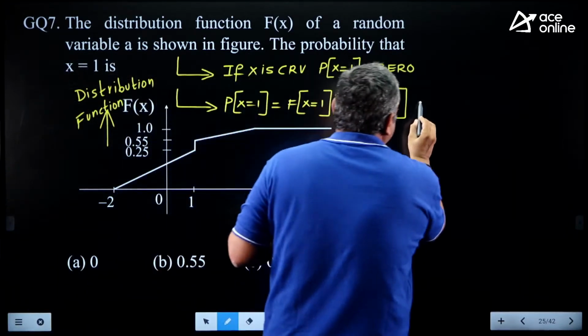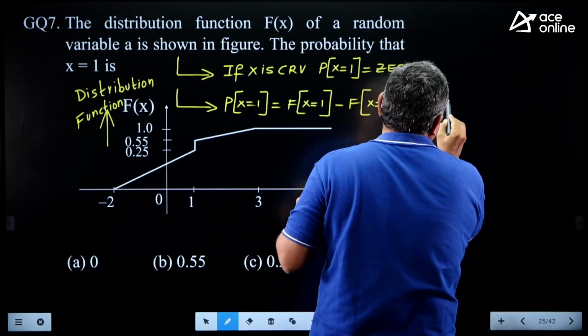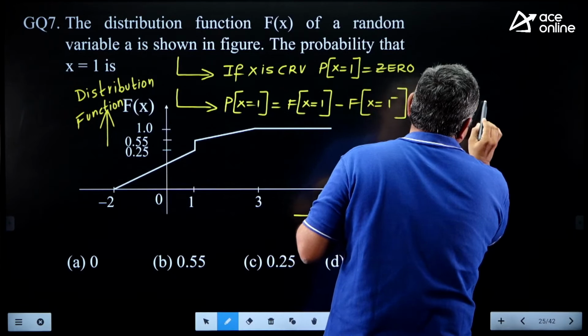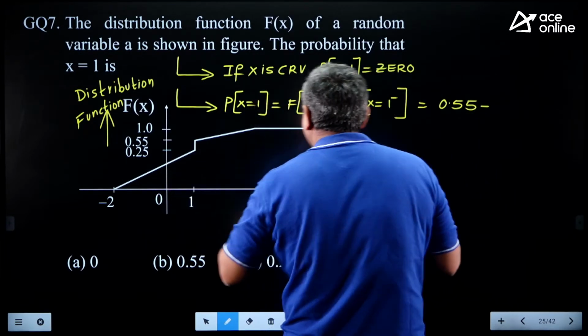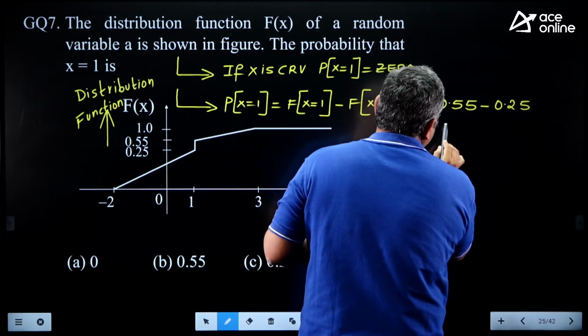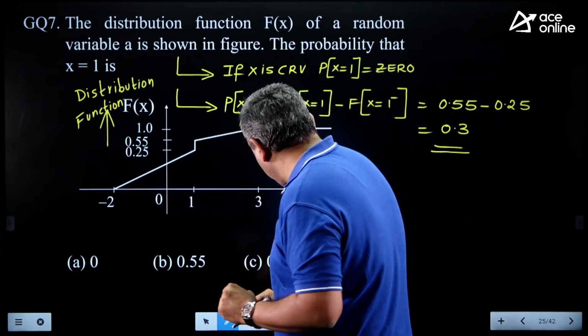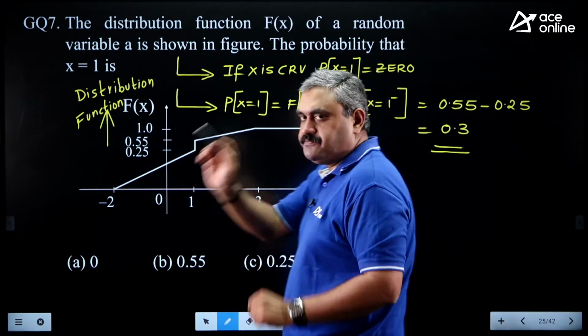Now see that value. At x equal to 1, how much did we get? Exactly 0.55. Minus just before 1, how much did we get? 0.25. So the difference between these two is 0.3. Finish. So your correct answer here will be option D.